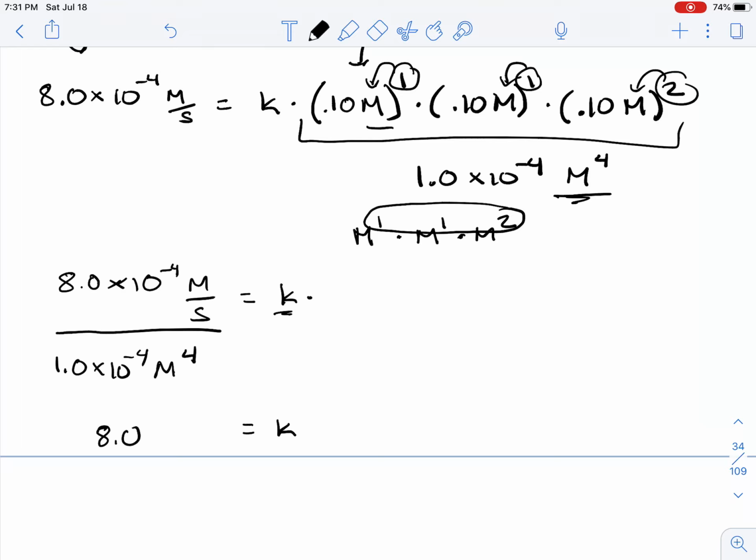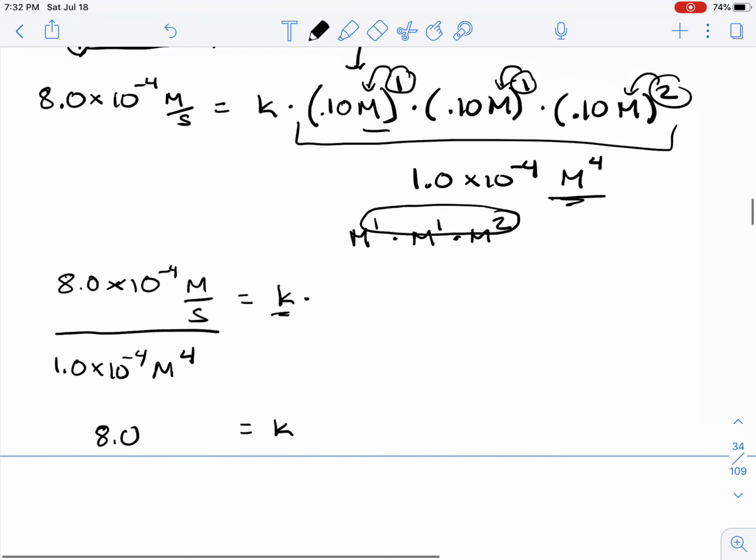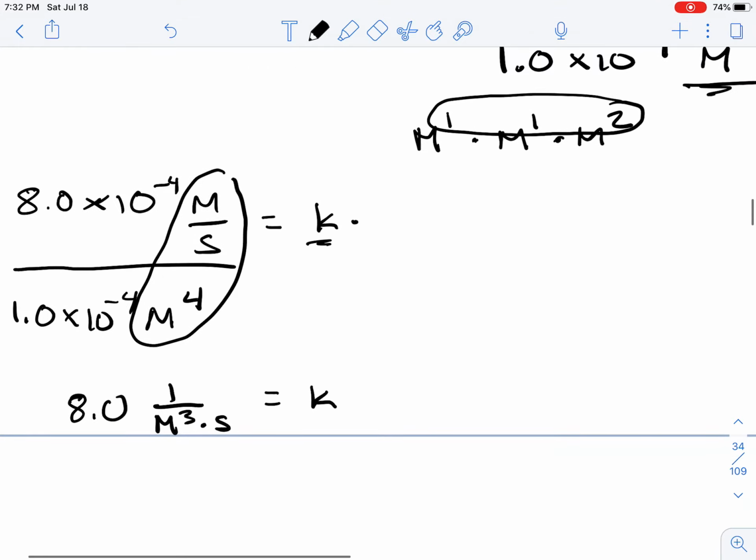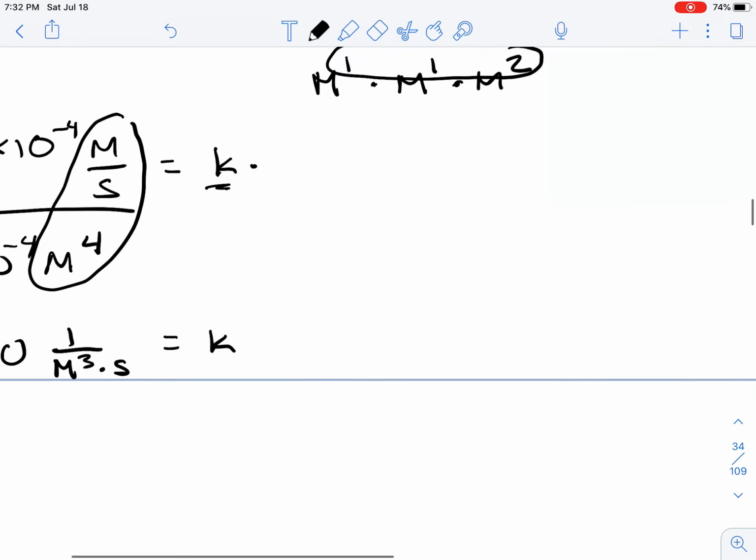Now, the last thing that you want to focus on is the units. In this case, the units are going to be 1 over molarity to the third times second. And how did I get that? Well, I can always use the rules of division for fractions.